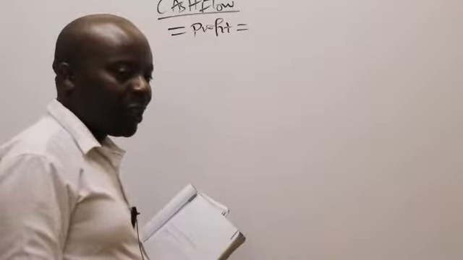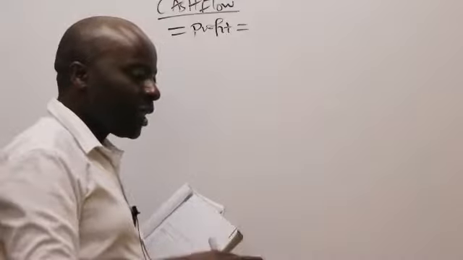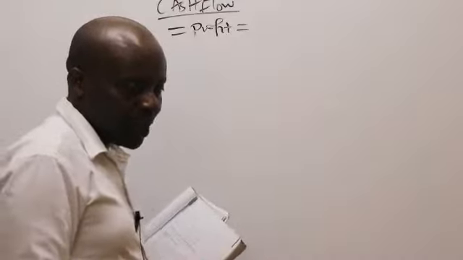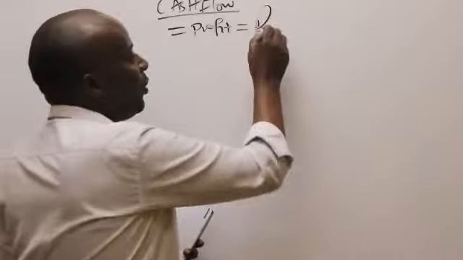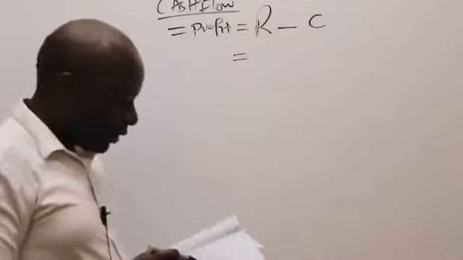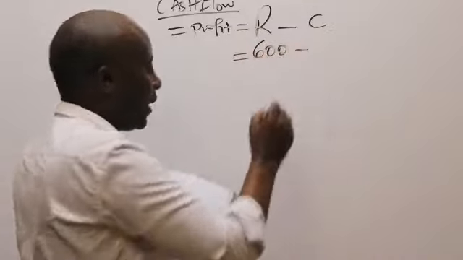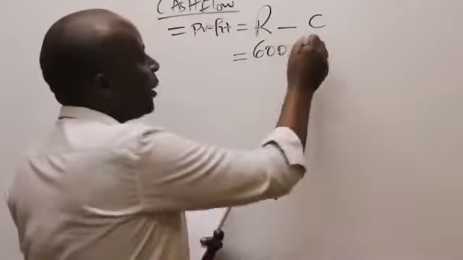For now, know that in a question that does not have tax, cash flow equals your profit. And the profit is revenue minus cost. So the incremental revenue here is 600,000 minus the incremental cost of 390,000.